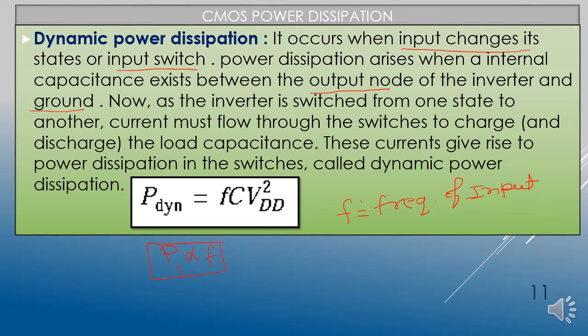Dynamic power is proportional to frequency of input signal, and it is also proportional to load capacitance, and it is also proportional to DC power supply. And you know that if frequency is 0, frequency 0 means input is constant. In this case, the dynamic component is 0.